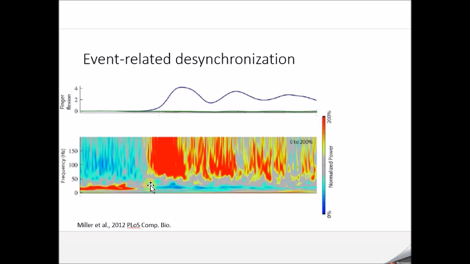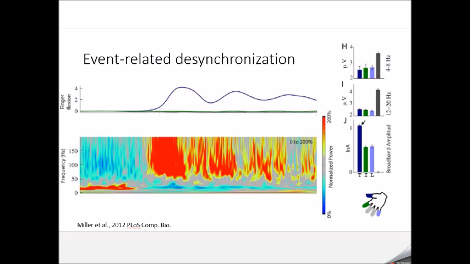However, right before this event, the thumb flexion, these beta oscillations essentially desynchronize, and by that we mean that the power in this oscillatory range decreases, while the power in the high frequency ranges increases.